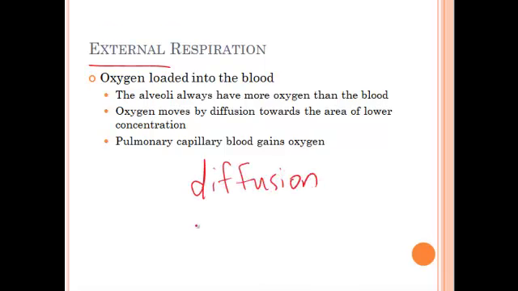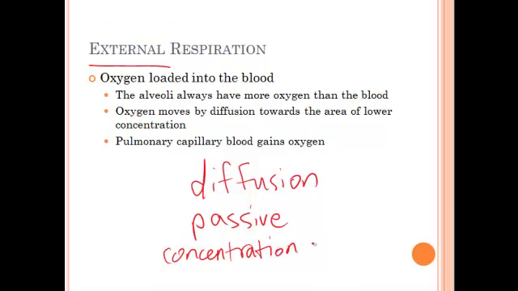So diffusion is also a passive system, which means that there's no energy required for diffusion to happen, but you do have to have some sort of concentration gradient, which we talked about very early in this class in one of the first lectures, and you can go back and look at a concentration gradient.